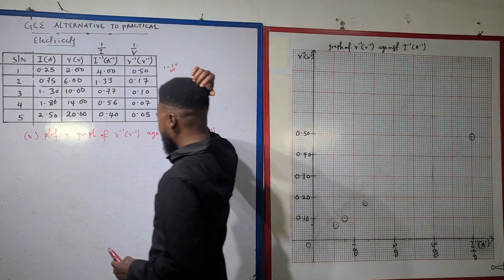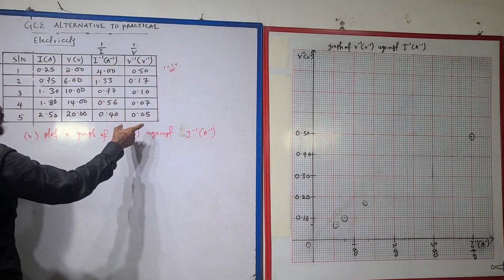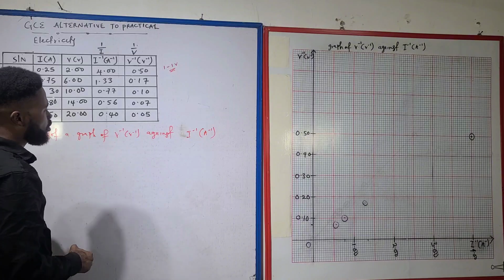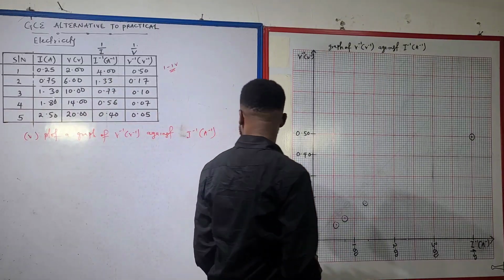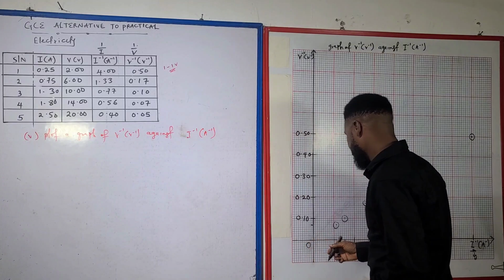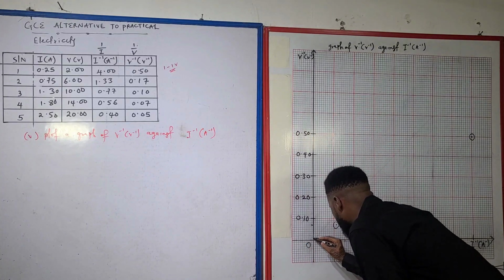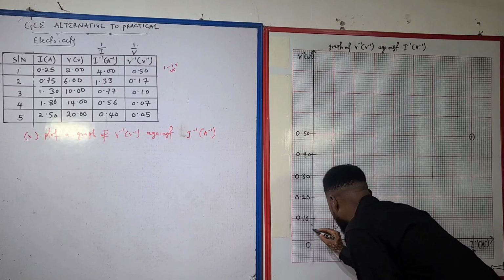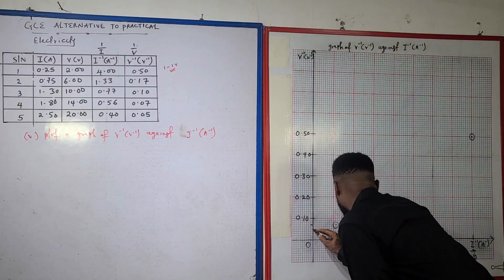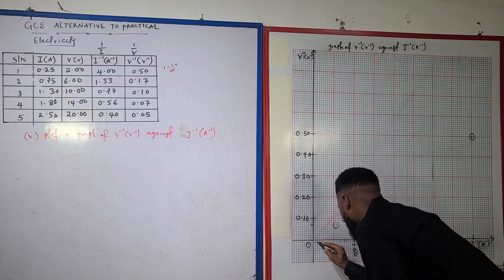So, and lastly, I have 0.05 and 0.40. 0.05 on the vertical axis, 0.01, 0.02, 0.03, 0.04, 0.05, and 0.40, 0.1, 0.2, 0.3, 0.4.